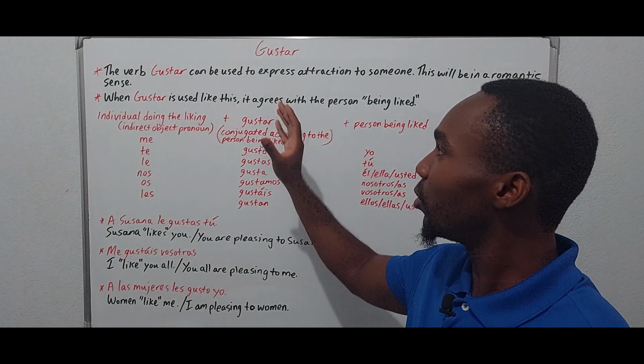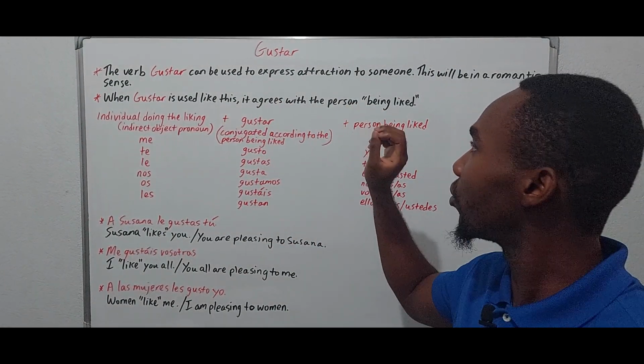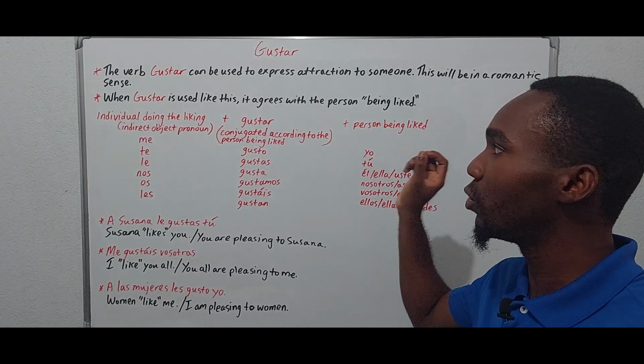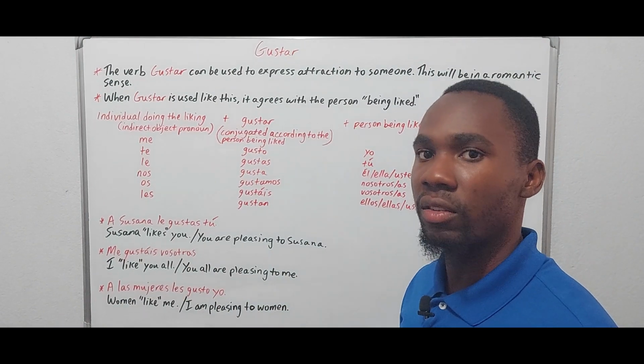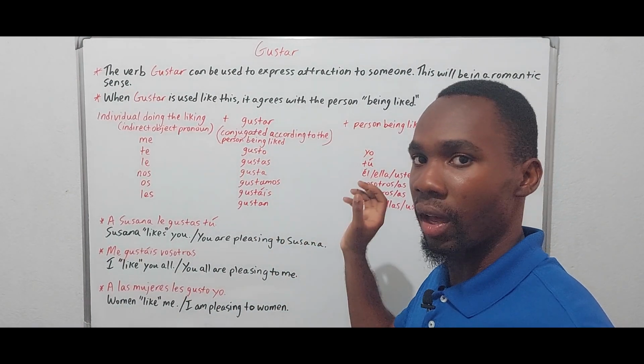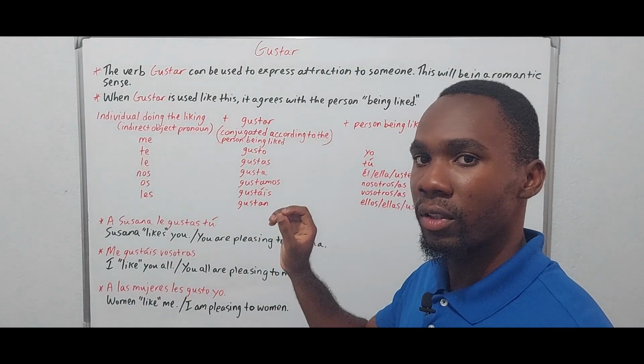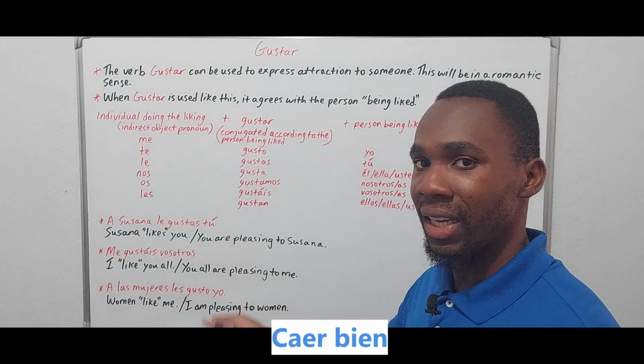Now we can use gustar to express attraction to someone, and this will be in a romantic sense. So if you have a physical attraction to someone, we use gustar. Now this is different from caer bien.